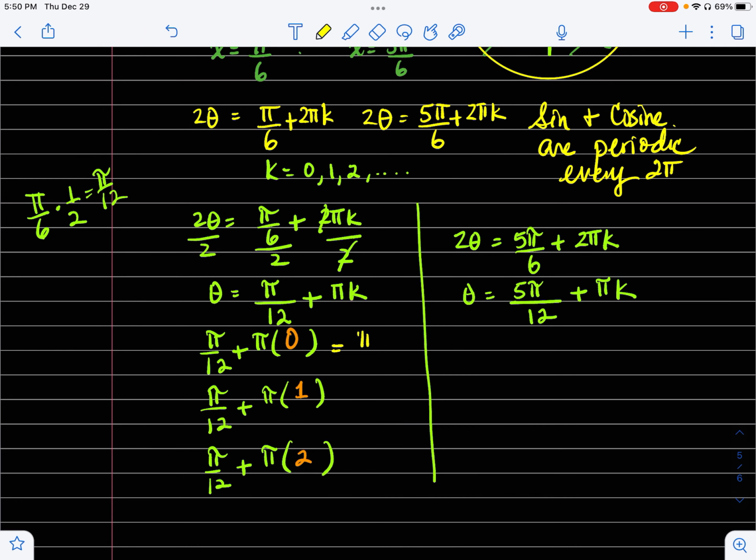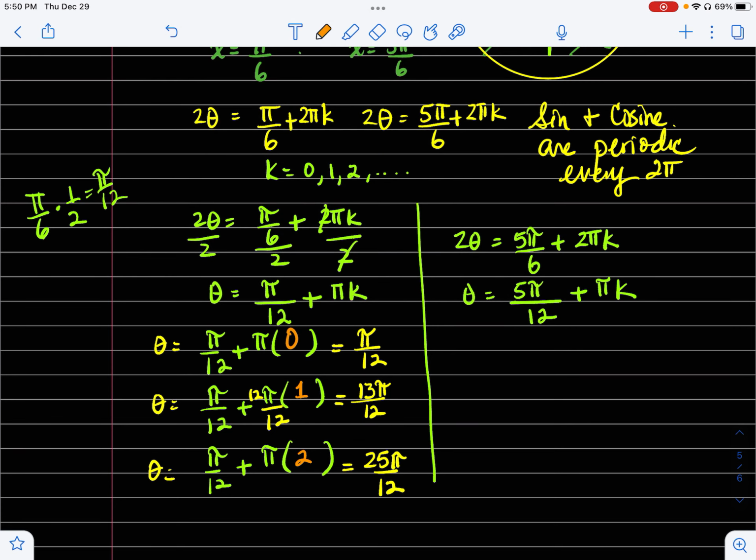This would give me pi over 12 for theta value. Okay, adding pi is basically adding 12 over 12, which makes it 13 pi over 12. And honestly, here I figured out the pattern. We're adding 12 pi to the numerator. So I've already figured out the pattern. 25 pi over 12.